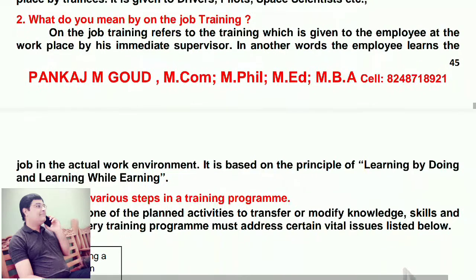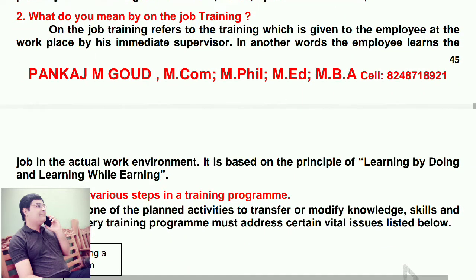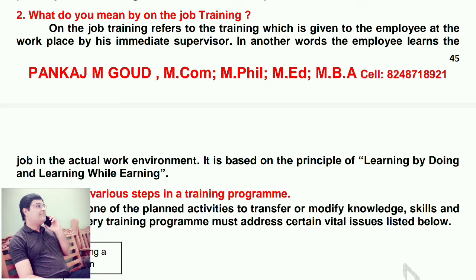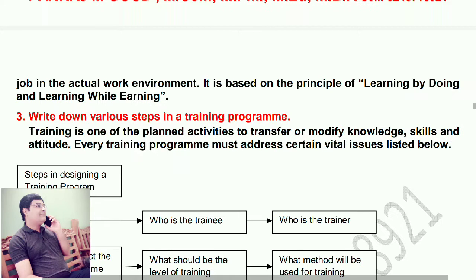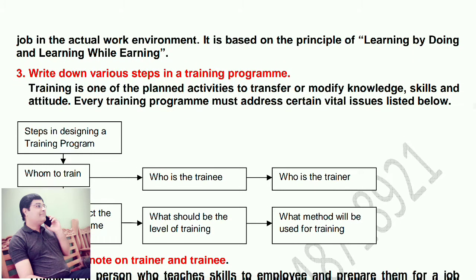What do you mean by on-the-job training? On-the-job training refers to the training which is given to the employee at the workplace by his immediate supervisor. In other words, the employee learns the job in the actual work environment.